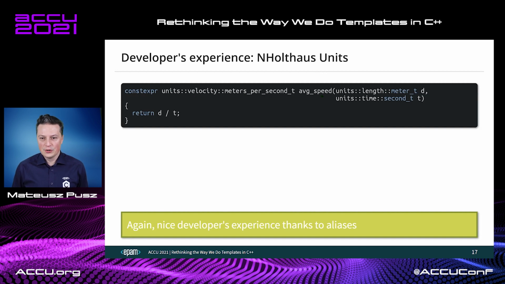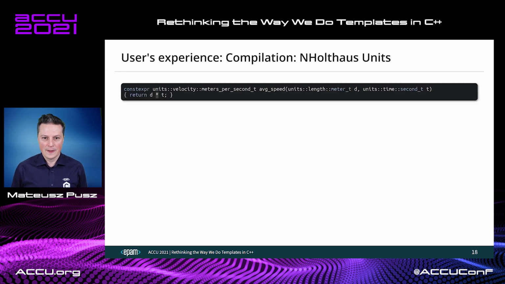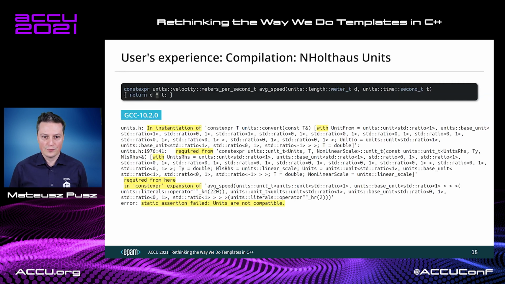This is how you can do it in the other library. You provide length, time, and get velocity in meters per second. Again, nice user experience for developers, and for the users, it's a bit better because this is the full error log.